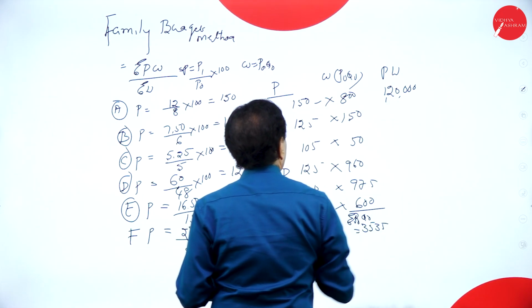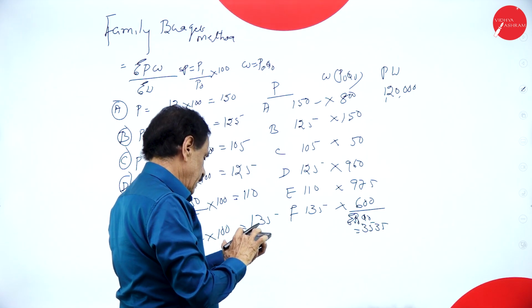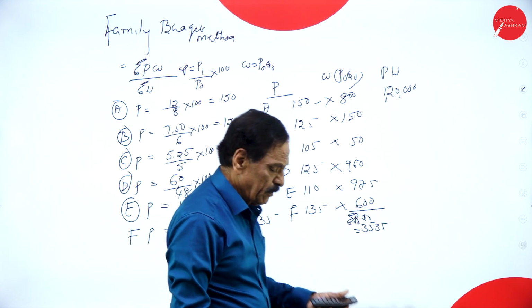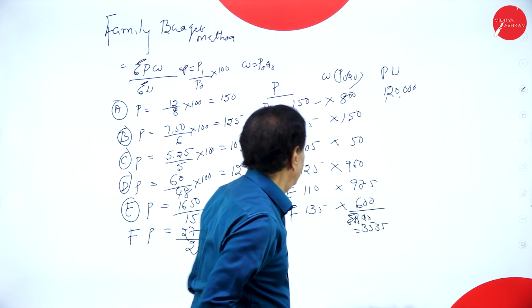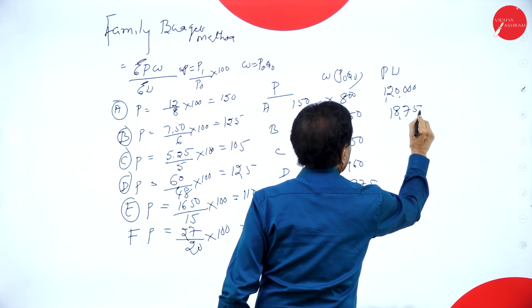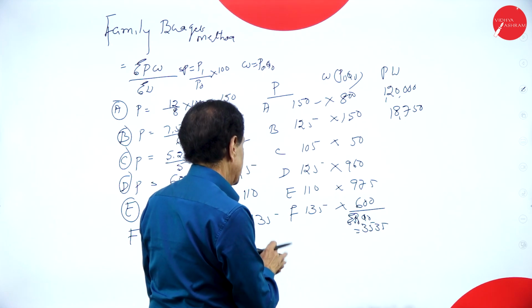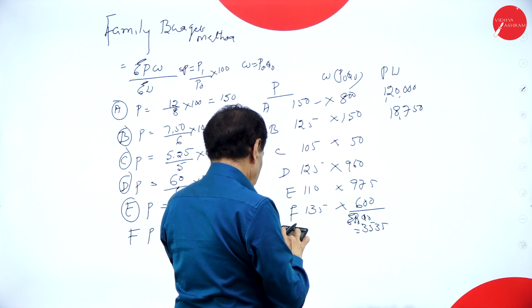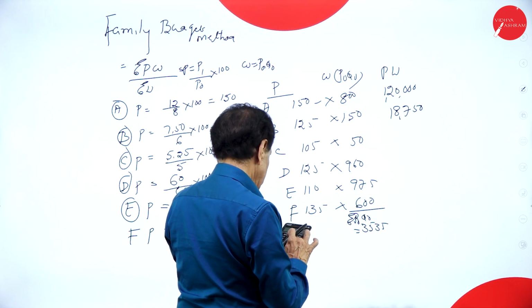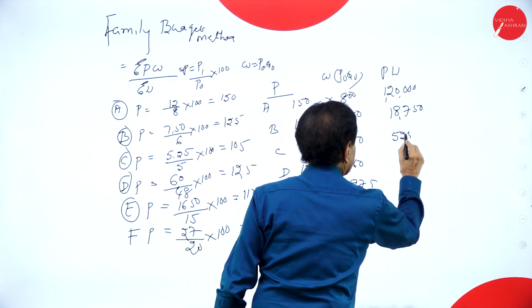This over 125 into 150 is equal to 18,750. Then 50 into 105, 5250.